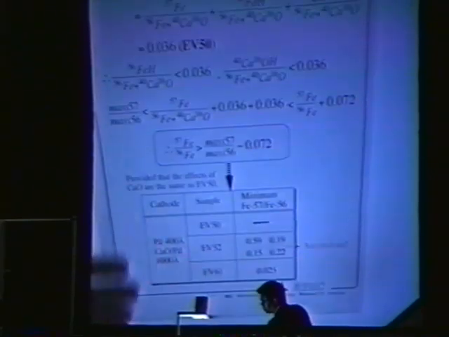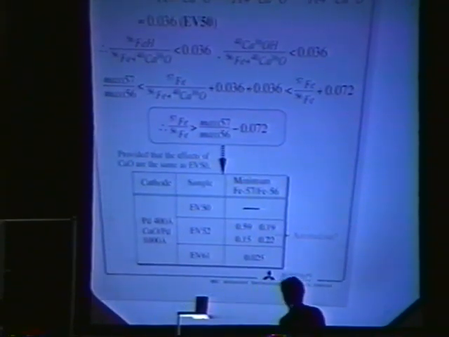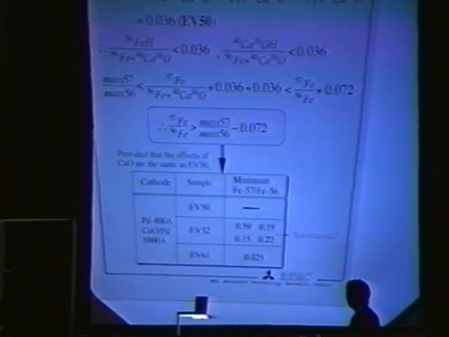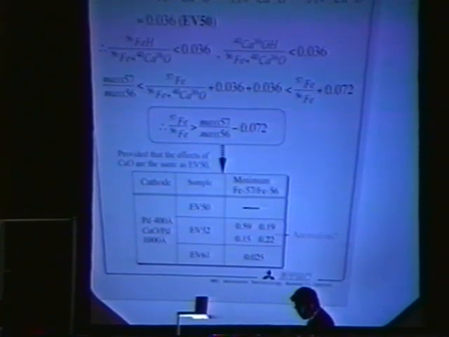And we obtain that Fe57 by Fe56 is larger than mass 57 by mass 56 minus 0.072. It is supposed that the factor of calcium oxide is the same as EV50.